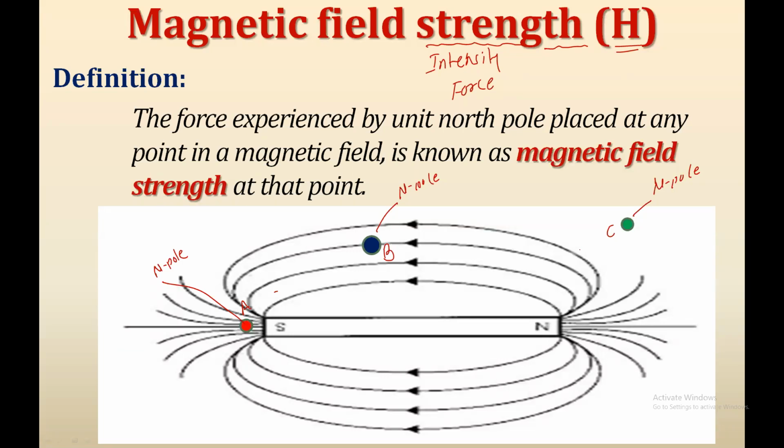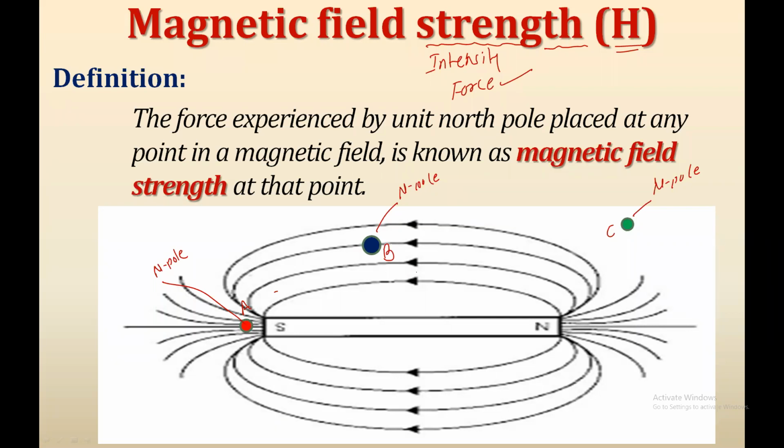Is it clear? Yes or no? So this is about the magnetic field strength, which is denoted by H, and here the strength is nothing but the capacity. That's why another name for it is the magnetic force.